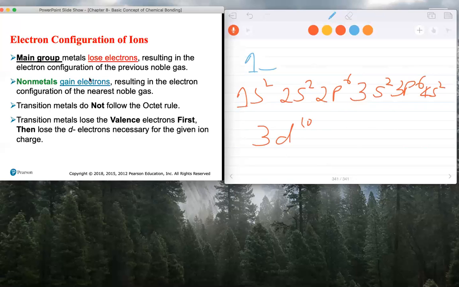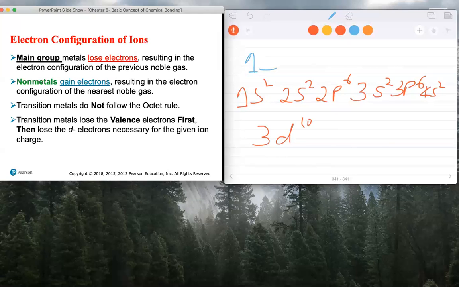Now, ions are formed when a neutral atom either loses electrons or gains electrons. And this loss of electrons is not any electron, it's the valence electron in most cases. Valence electron.